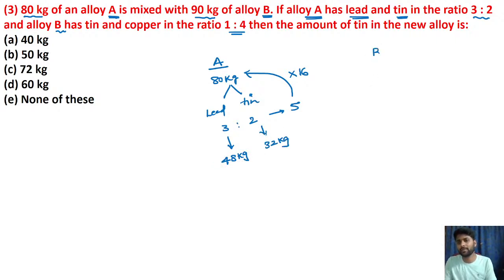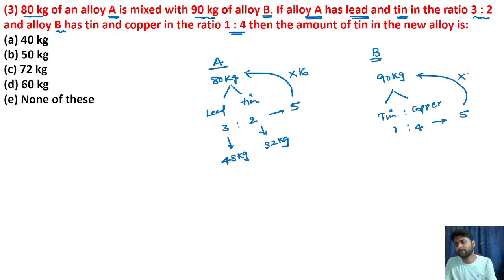Now we'll go for alloy B. Alloy B has 90 kg, and the ratio of tin and copper is 1 is to 4. In 5 kg, 1 kg is tin and 4 kg is copper. But we have 90 kg of mixture, so each unit is multiplied by 18.